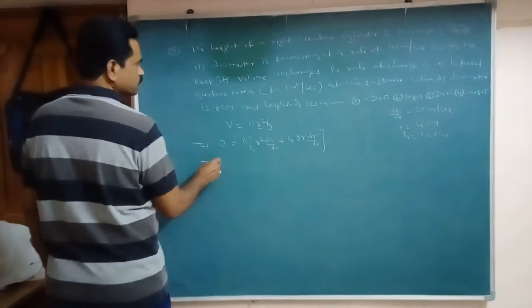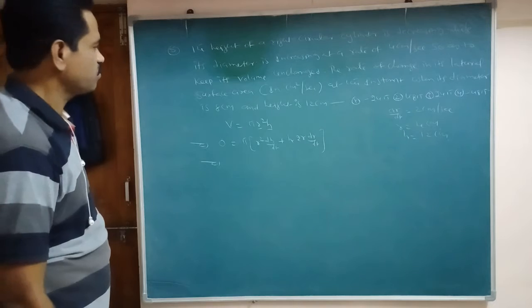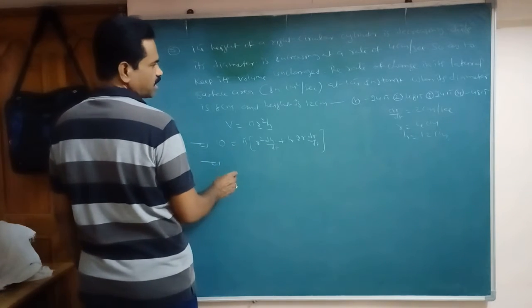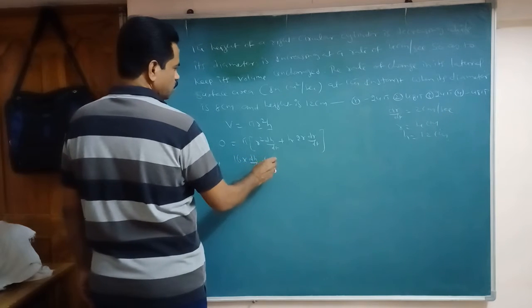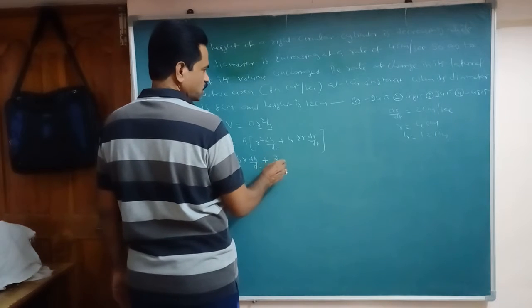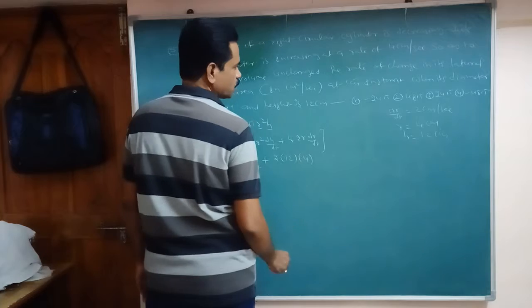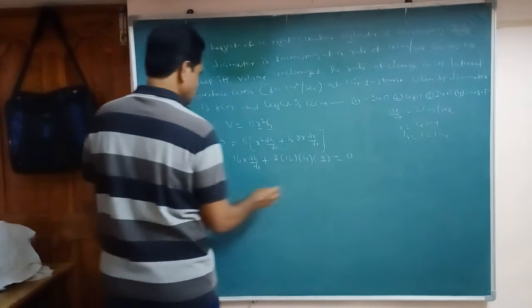So r is 4 centimeters, substitute here. That is r square 16 into dh by dt plus 2 into h, that is 12, r is 4, into dr by dt is 2, equal to 0.